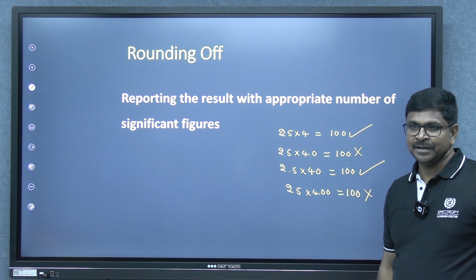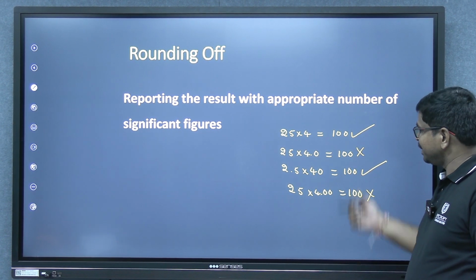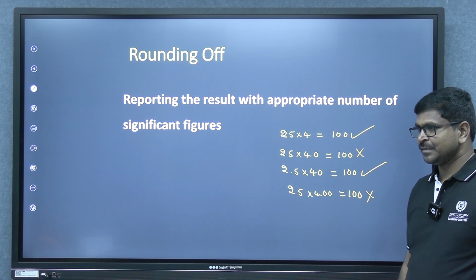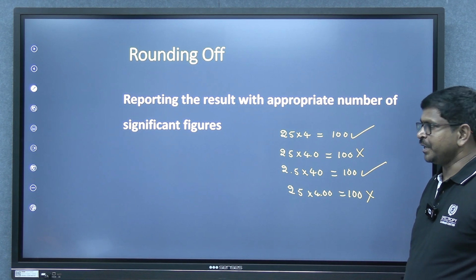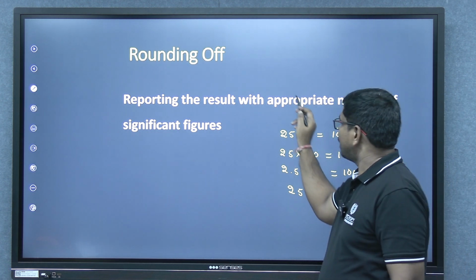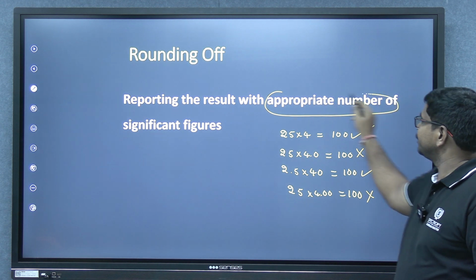How is it exactly, and why is there this difference? While doing simplification in science, what care should we take? That is reporting the result with the appropriate number of significant figures.